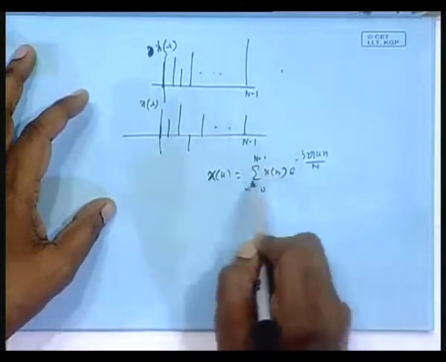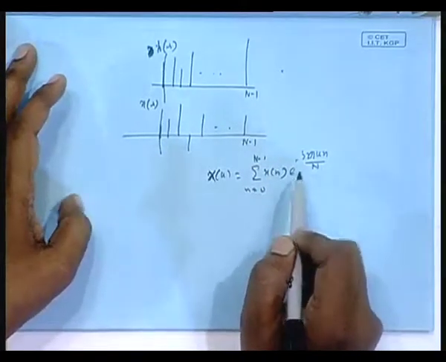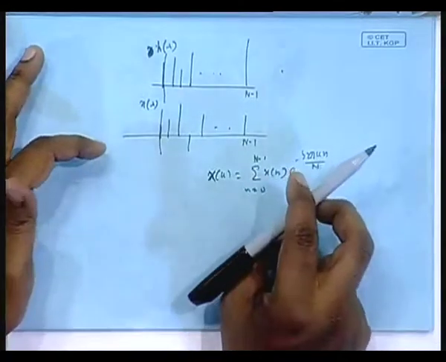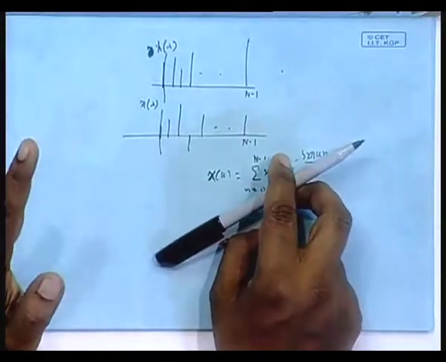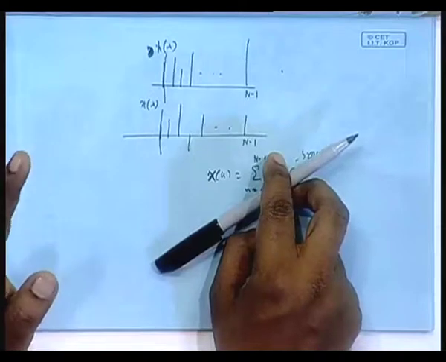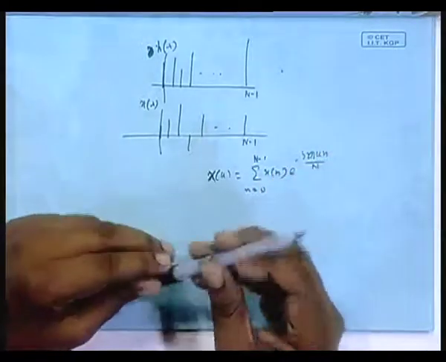N complex multiplications and N minus 1 additions. Each complex multiplication means how many actual multiplications? 4, (a plus jb) into (c plus jd), 4. But cleverly we can reduce it to 3. That I will tell you some other day. People have found a way of adding some terms and subtracting some terms, and it can be reduced to 3. Some 2 adders will go up, but even then that is quite huge.